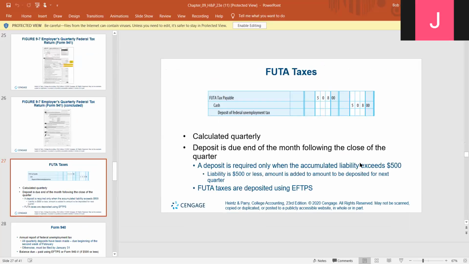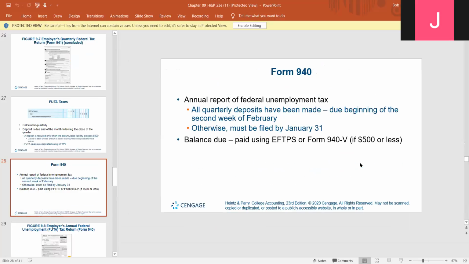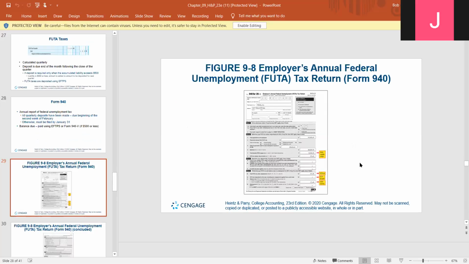FUTA, remember, we had $508 FUTA payable. We debit that now because we're making the payment. We do the same thing with the SUTA. Form 940, that's just a glorified 941. Let me say it this way. The 940 is the form for the unemployment taxes.